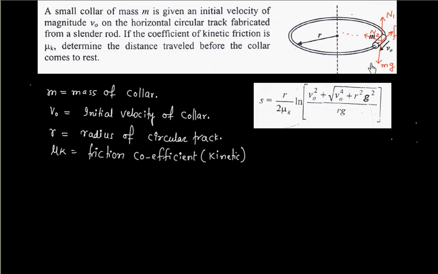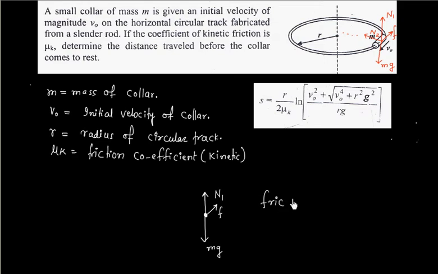So let us show these forces on m. So we have a force mg, and in the vertical direction we have a normal reaction. This is N1, and the friction force is acting in the tangential direction.